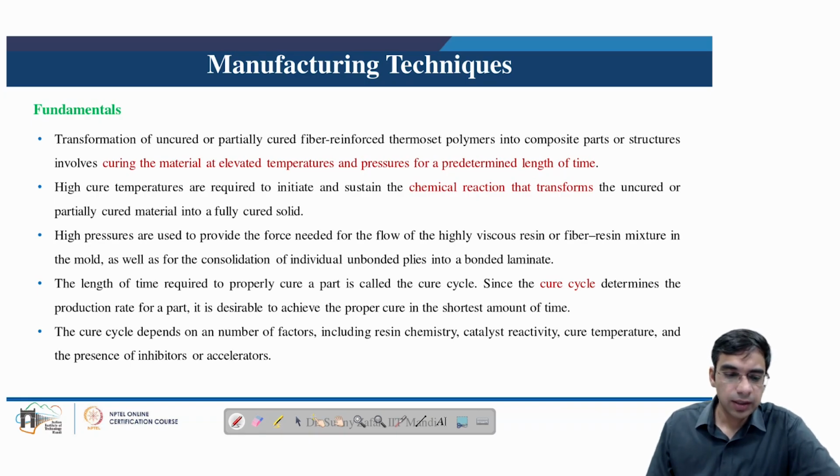So in this regard, the transformation of the uncured or partially cured fiber reinforced thermoset polymers are more popular, because as we have seen in selection of the material for the wind turbine blade, it is the thermoset.